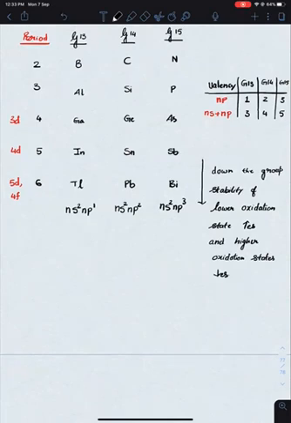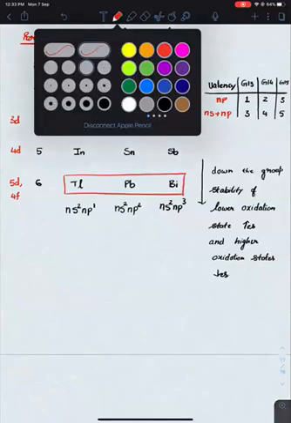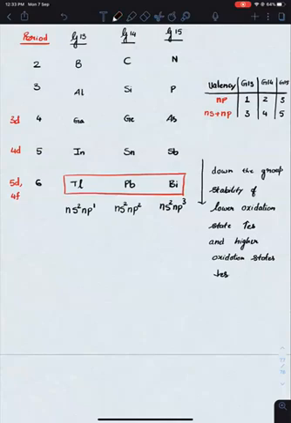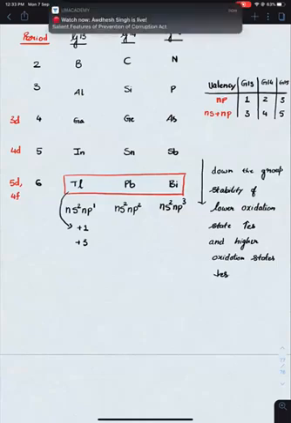Suppose you are taking thallium, lead and bismuth. For thallium, what are the two possible oxidation states? +1 and +3. Either it can show +1 or it can show +3. What is the statement? Down the group, the stability of lower oxidation state increases and higher oxidation state decreases.